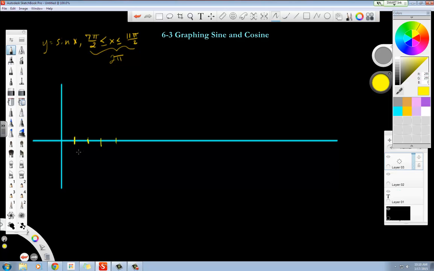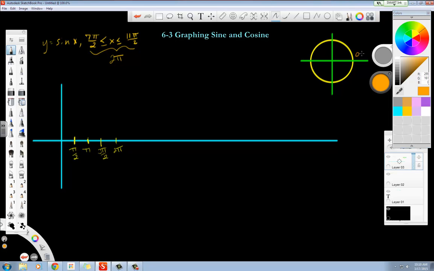Okay, so this would be pi over 2, and this would be pi, just like yesterday, 3 pi over 2, and 2 pi. So that, of course, was based off of our unit circle, and I can review that just real fast here. It's not really a problem to do that, in case you've been missing this stuff.